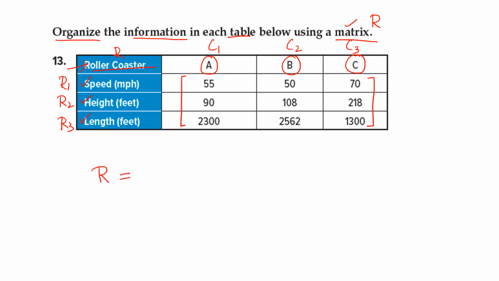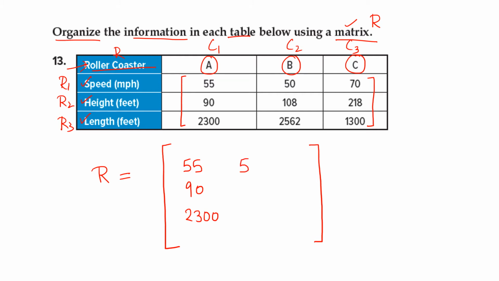You may use any other alphabet to denote it, it's perfectly fine. Then I write the first column entries, so 55, below that 90, below that 2300. So that's my C1. C1, C2, C3, I'm not going to write again because I've already written that for you to identify on the top.